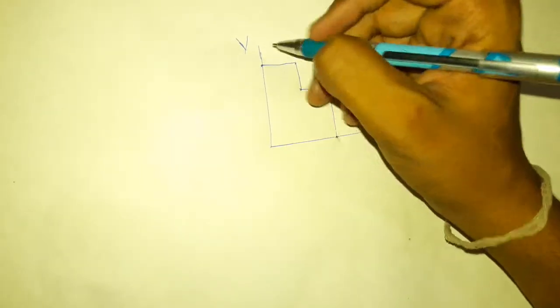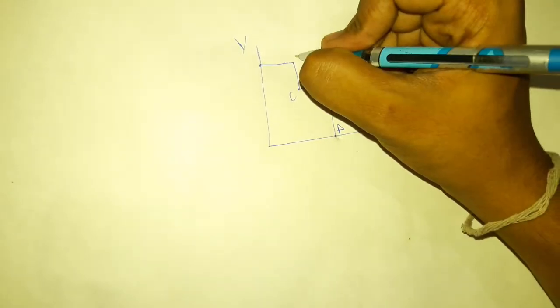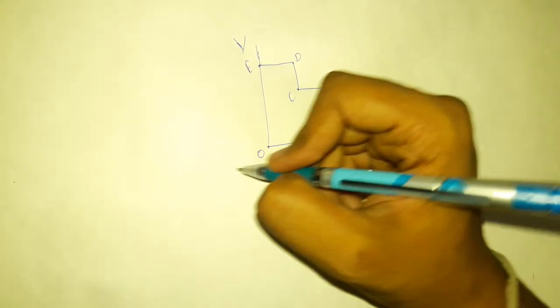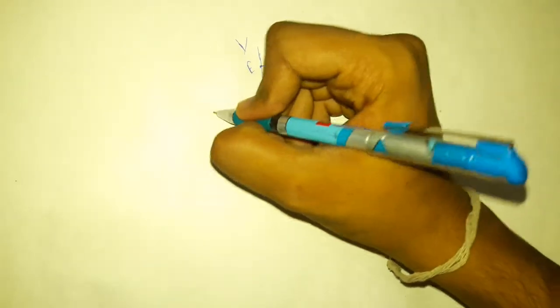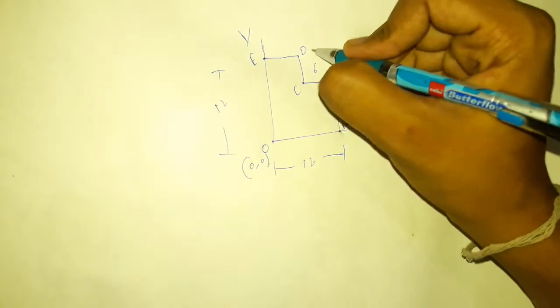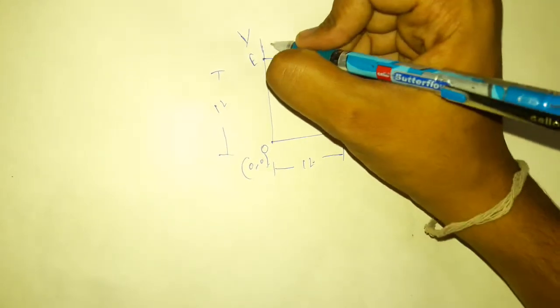Take this A, B, C, D and E. This one is our origin 0, 0. Here is distance 12, 6 and 6.